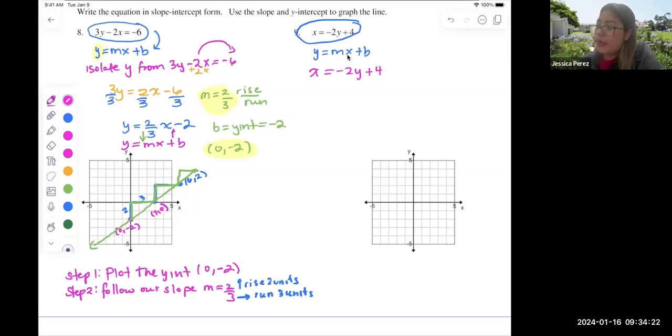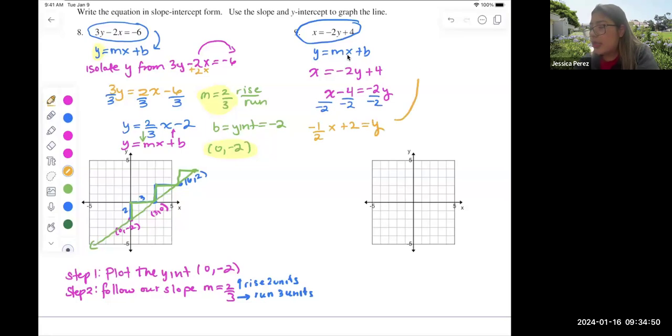I could bring the 2y over or the 4 over, whichever one you like. I'm going to move the 4 over by subtracting 4, and then I have a negative 2y. Now I want to solve for y, so I divide by negative 2, or multiply by negative a half, whichever one. It's the same. So here I have y equals negative 1/2 x plus 2.